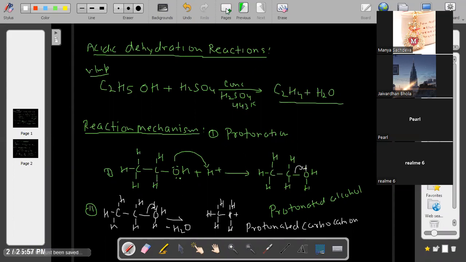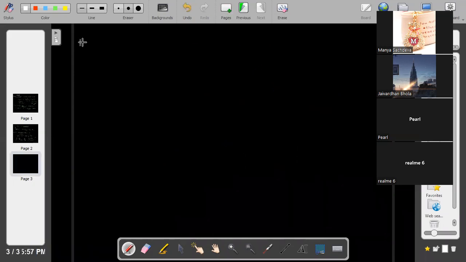In the third step, it is called deprotonation.